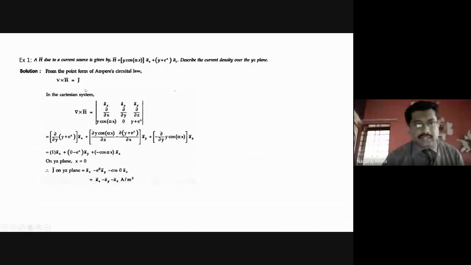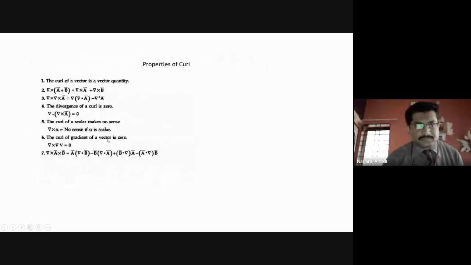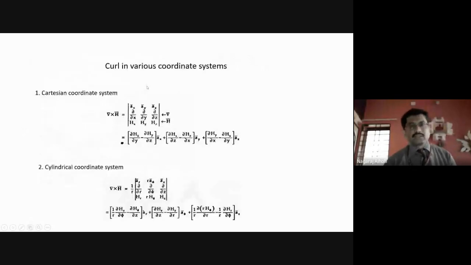Write it in the determinant form, then expand it. You'll get the equation. So do that first. First find out del cross h bar. Write this equation, del cross h bar is equal to j bar. Then del cross h bar is equal to this determinant. You write it, then find the equation. Here it is, this equation. Del cross h bar is equal to this determinant.